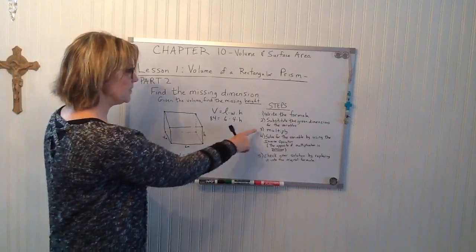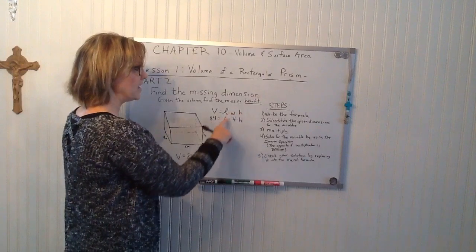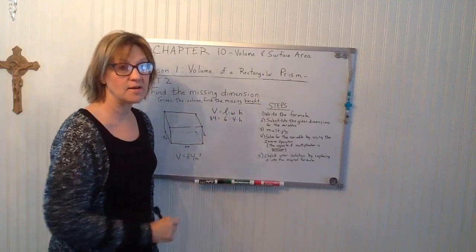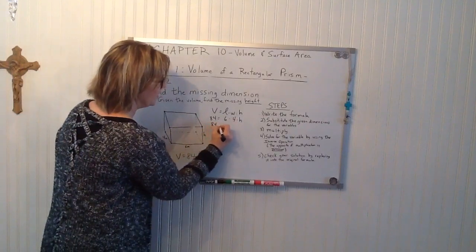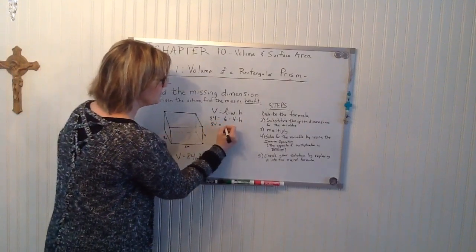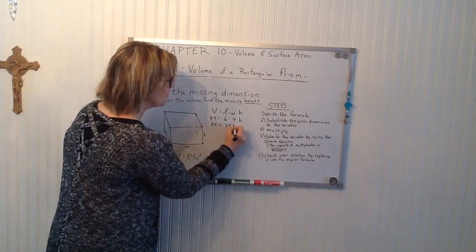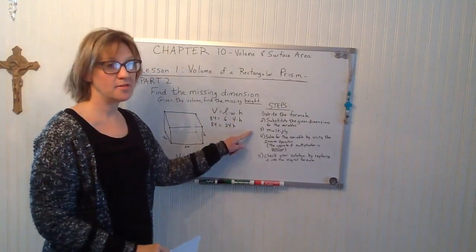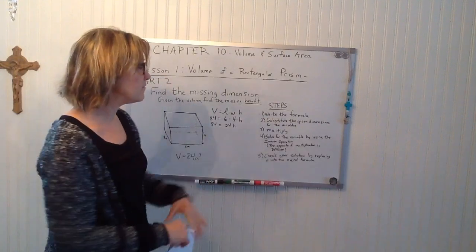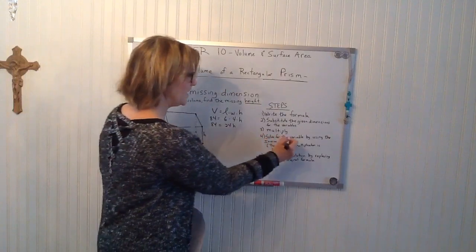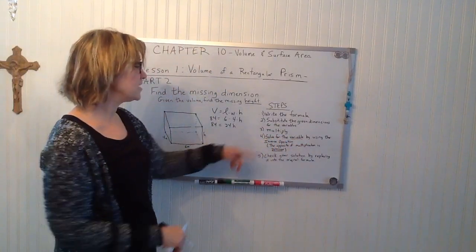All right, so from here, the third step is multiply, which means do whatever I can to simplify that part of our formula or equation. So 84 equals 6 times 4 is 24, and 24 times h is 24h. So I did my third step, I multiplied. My fourth step, solve for the variable, which is h in this case, by using the inverse operation.